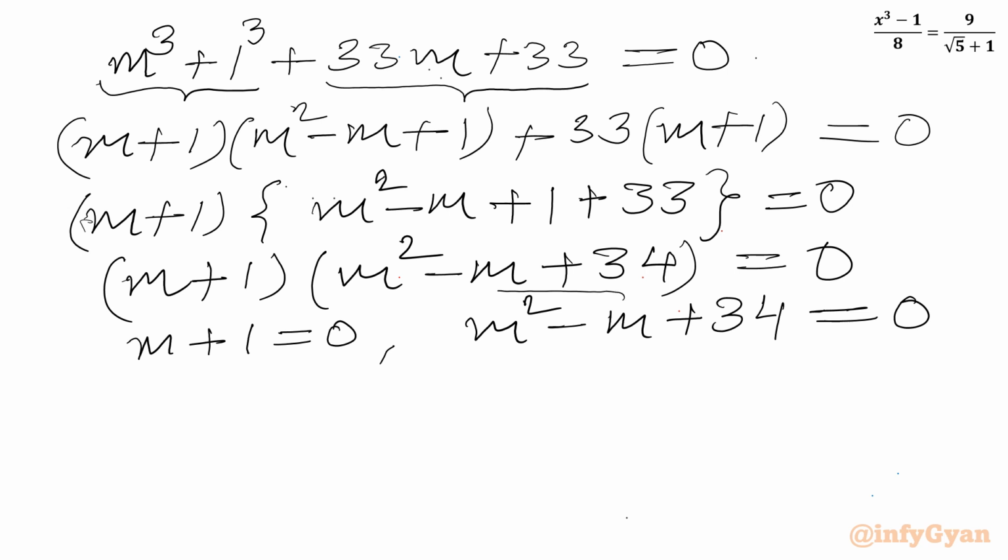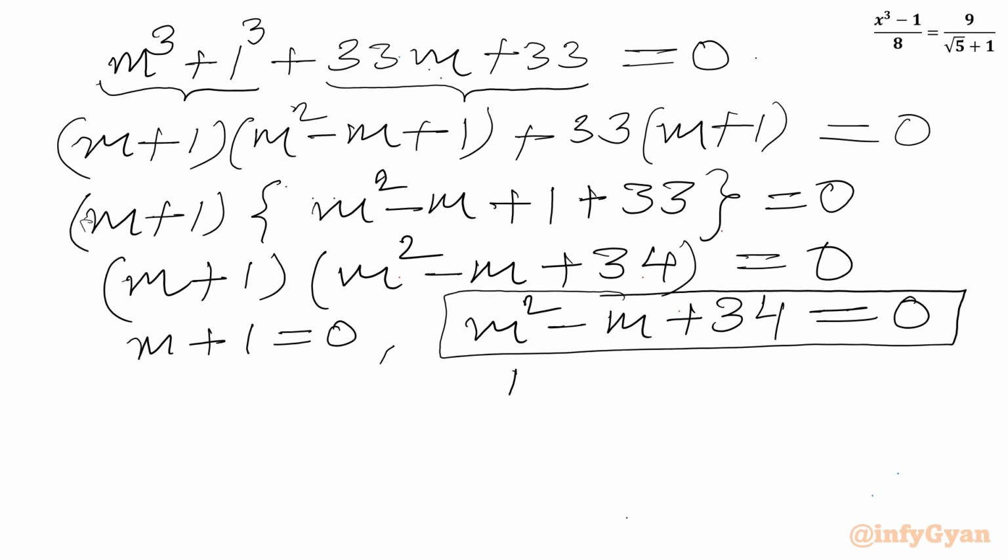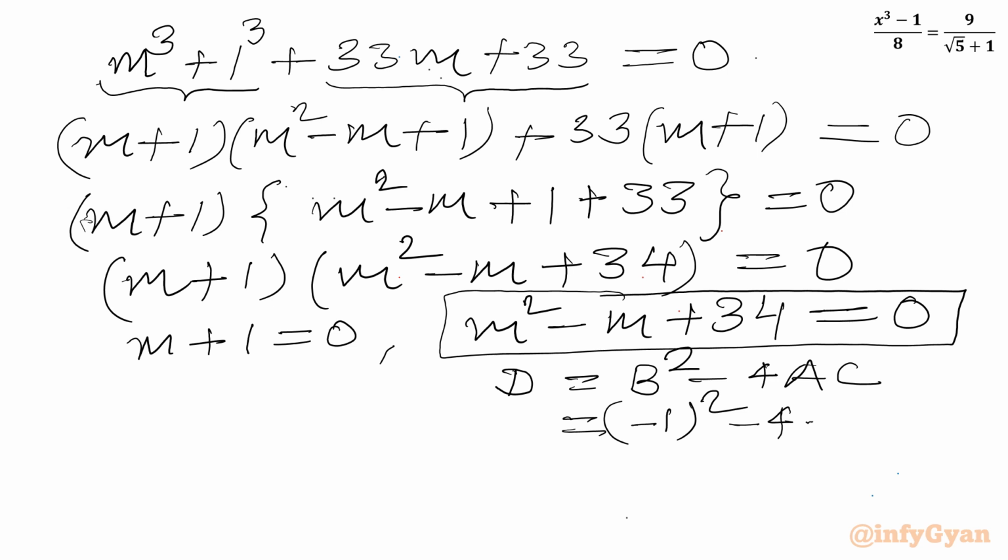Let's check discriminant value for this quadratic equation. If I write discriminant as D, then it has formula b square minus 4ac, where b is coefficient of m, a is coefficient of m square and c is constant. So b is negative 1 whole square minus 4 times a, which is 1, times c, which is 34.